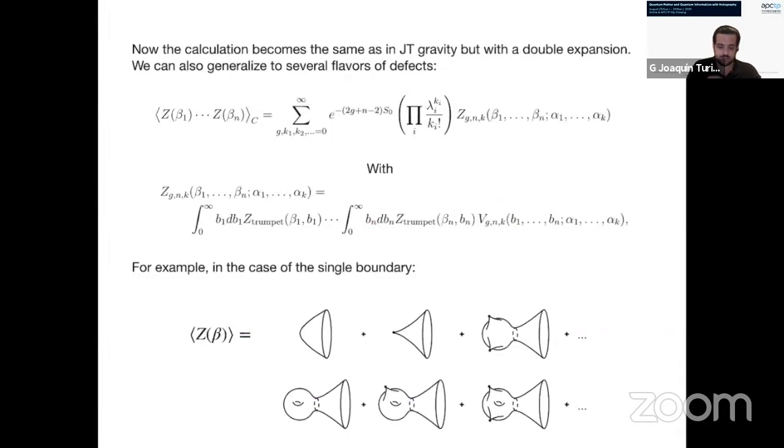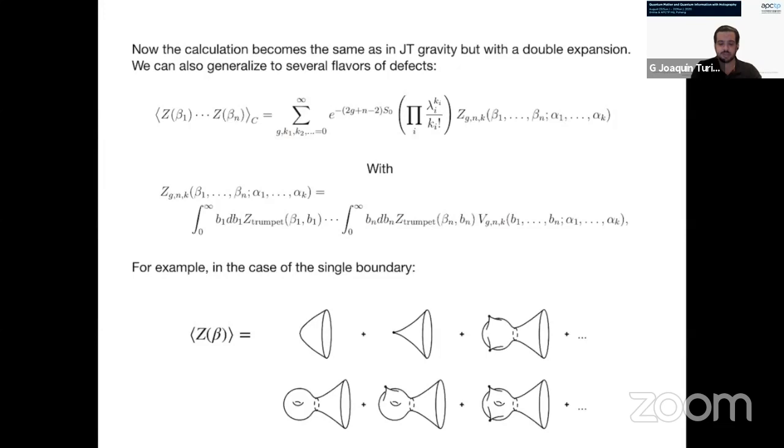And so this is roughly how the calculation looks. You have an expansion in genus and number of defects. Here I'm allowing the possibility of having several species of defects, labeled by their own lambda i and alpha i. This corrects the overcounting from the Weil-Petersson volume of identical defects. Each species is weighted by lambda to the k, which is why we call it the fugacity.